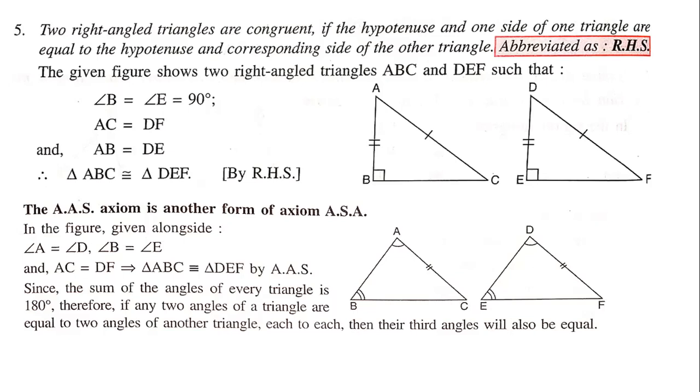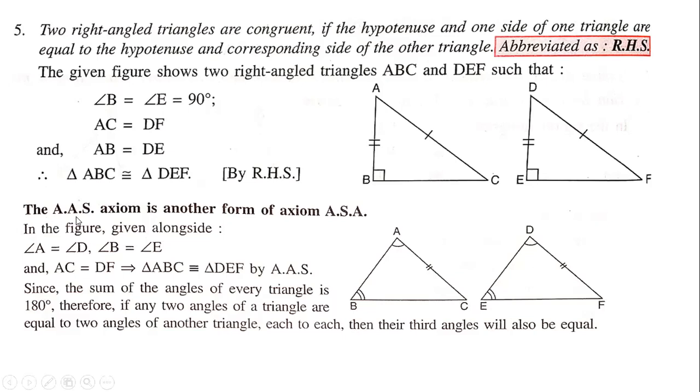All the sides must be of the same length. And the fifth one is RHS. In this case, you have to check if the hypotenuses of both the triangles are the same and either side, whether it is perpendicular or base, must be equal. Then we can say that by using RHS, these two triangles are congruent.